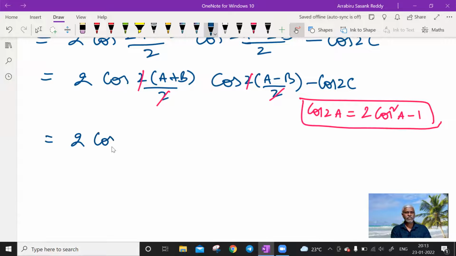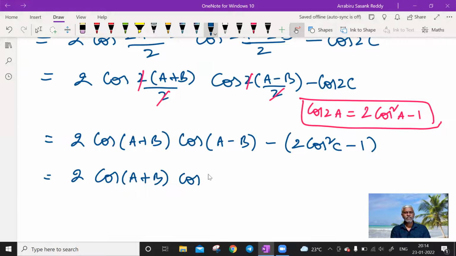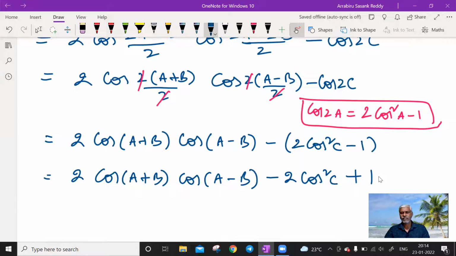So this is 2 cos (A plus B) cos (A minus B), minus 2 cos square C minus 1, that is 2 cos (A plus B) cos (A minus B) minus 2 cos square C, minus into minus, plus 1.